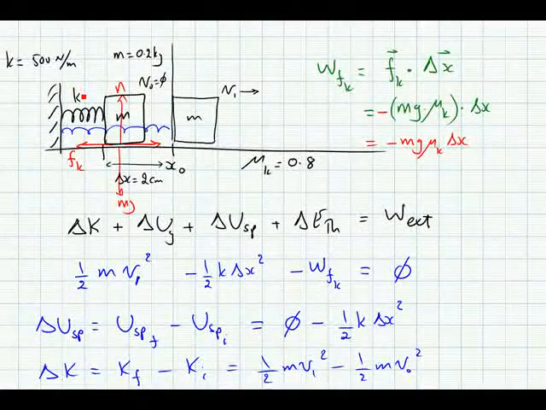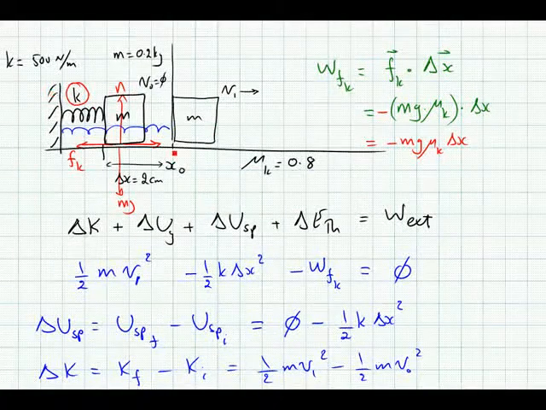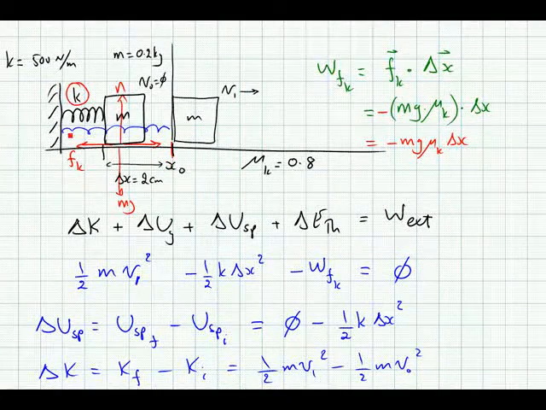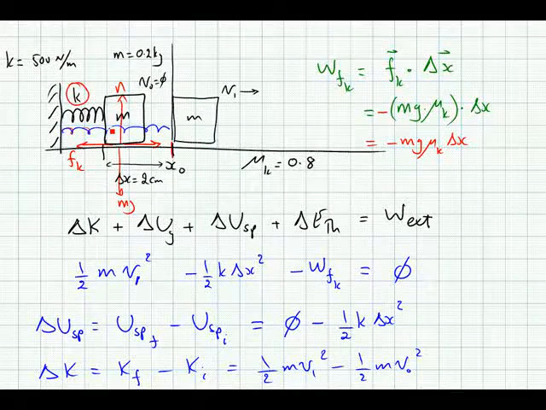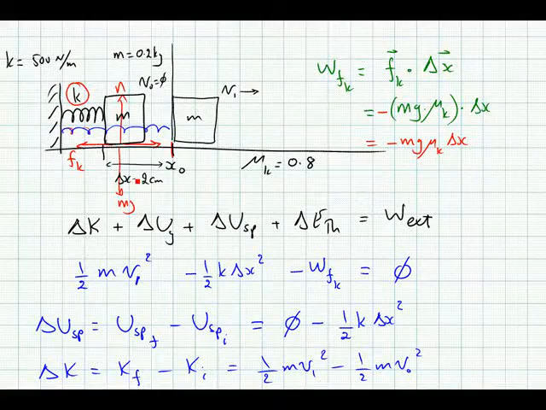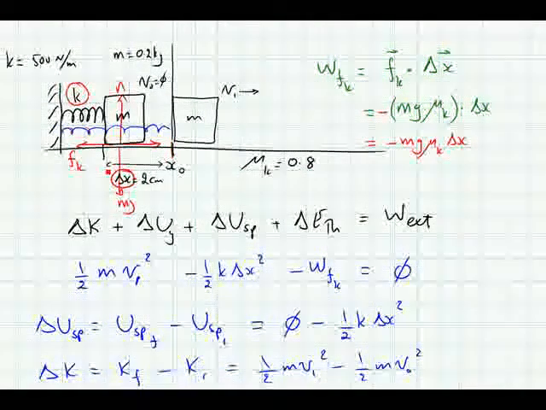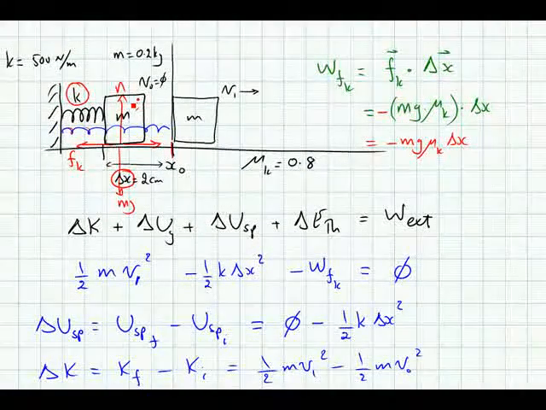So the spring, which has a spring constant K, and let's say x0 here shows the natural length of the spring. So the blue, this is the unstretched length of the spring, which means that the compression of the spring is delta x. Okay, so this is the initial position of the object.